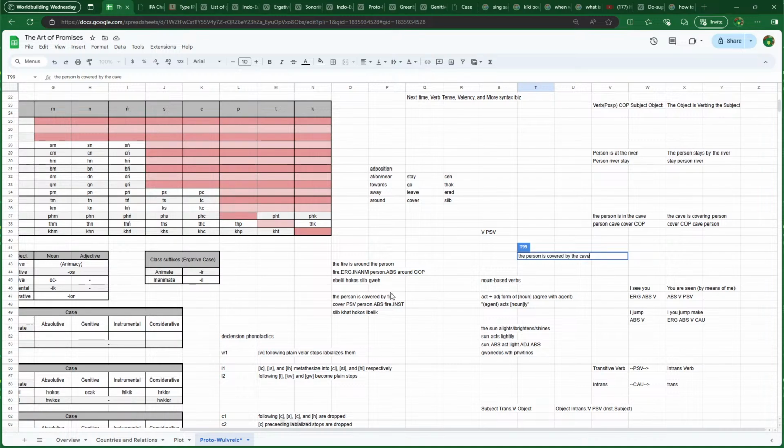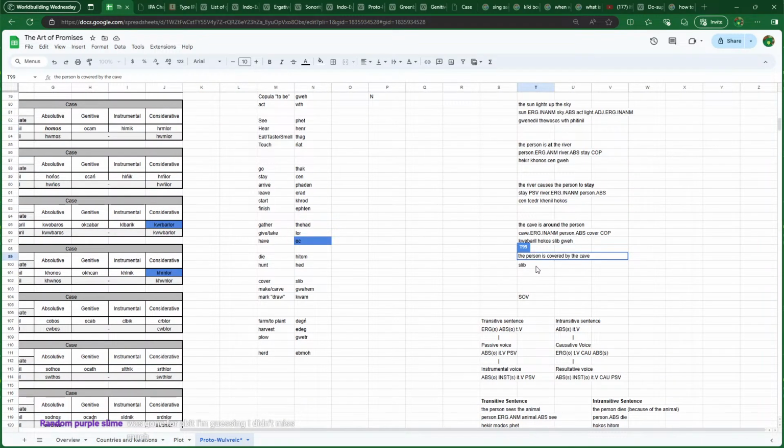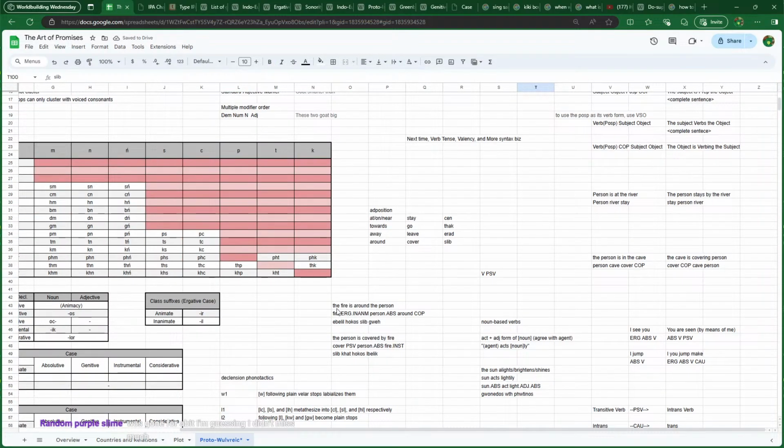Was gone for a bit. I guess you didn't miss much. Not really. I'm applying what we just established. So this is how the fire is around the person, and then this is the person is covered by fire.